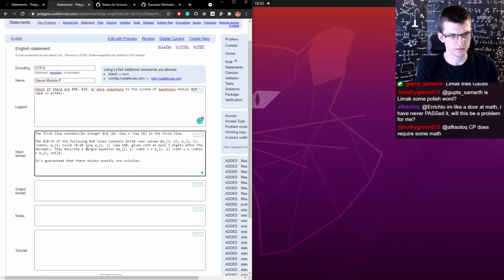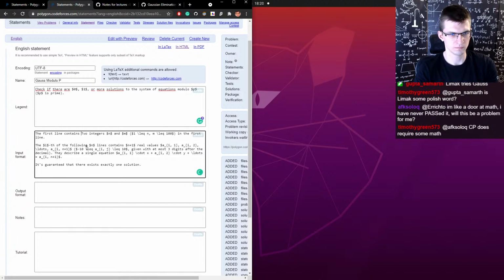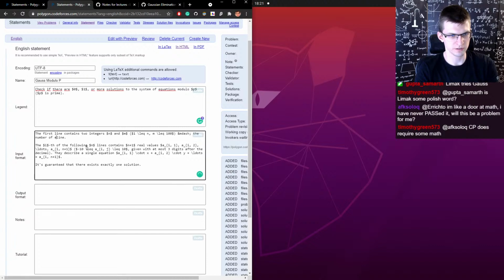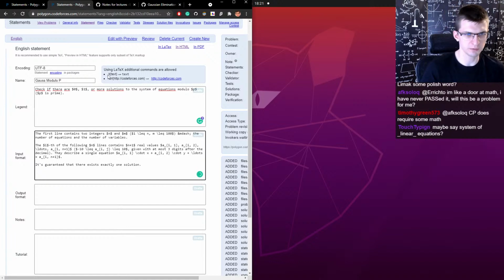First line contains, okay, now how many will there be? Up to 50? 100? I need to say what they are. Those are the number of equations and variables, respectively, but everybody will figure it out.